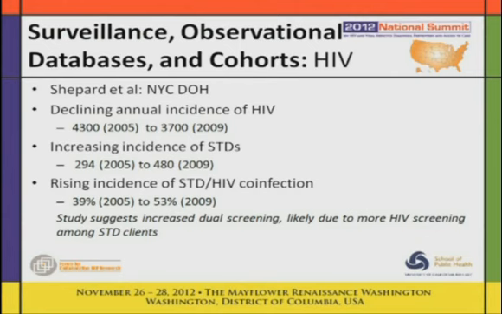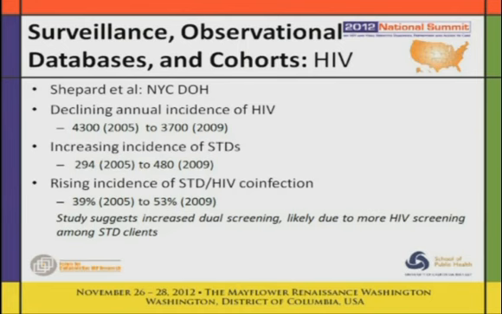Why was that nice to see? In 2005, 39% were diagnosed with STDs and HIV at the same time, and that increased to 53%. What that suggested was an increased amount of dual screening, so that people were actually screening for HIV when they were looking at STD clients.